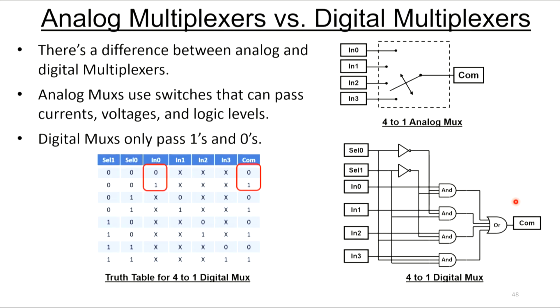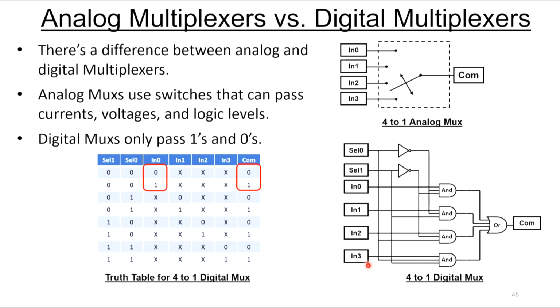I did want to mention there are differences between analog MUXes and digital MUXes. As I said, the analog MUX is basically a switch, and that switch can pass current, it can pass voltage, it can pass logic levels, just about anything you want. Digital MUXes, on the other hand, only pass 1s and 0s.